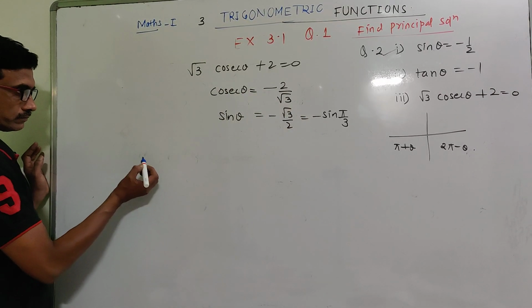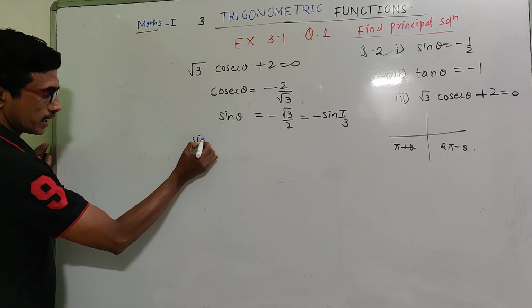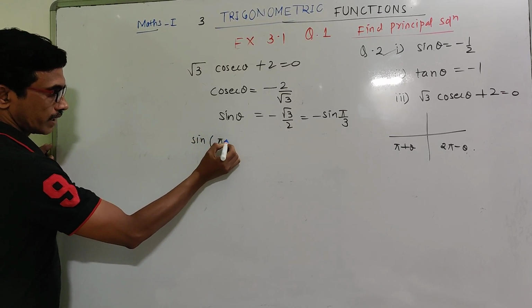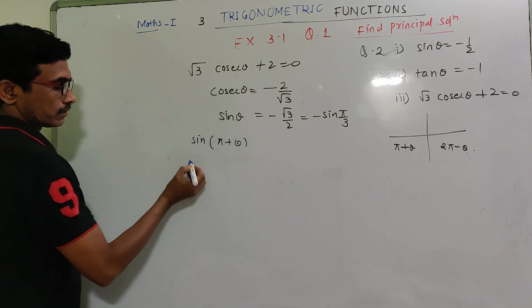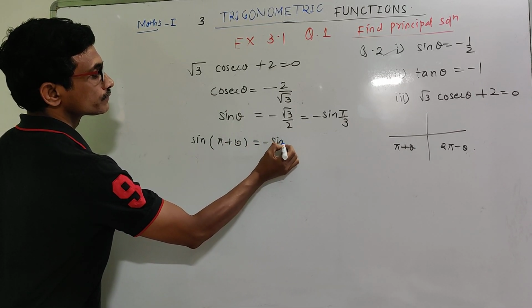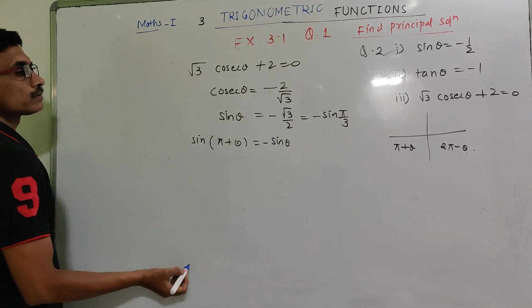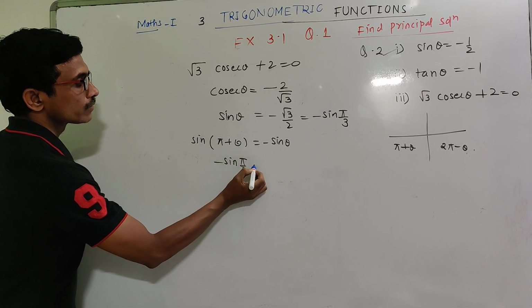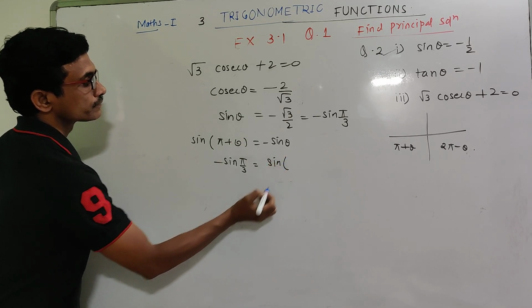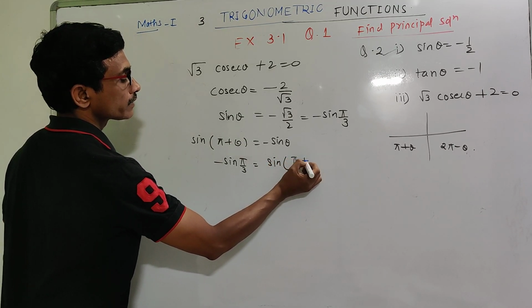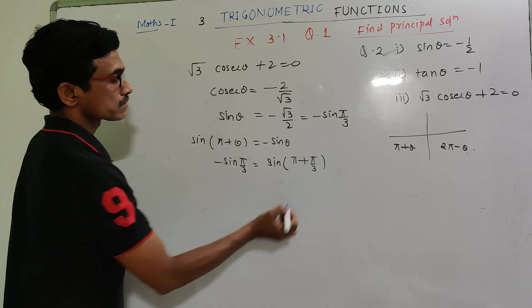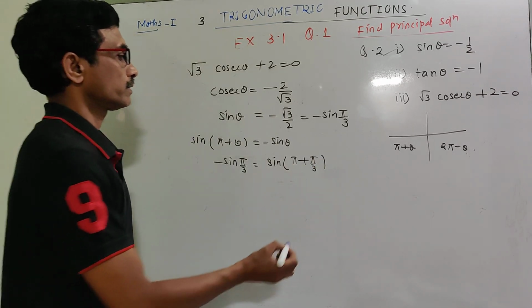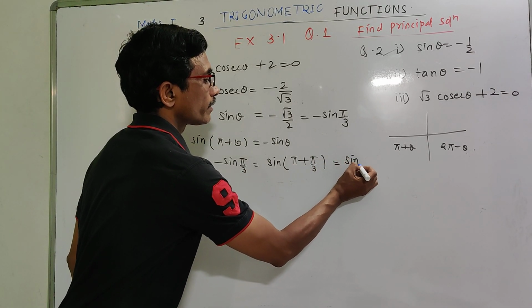Therefore, we know sin pi plus theta is equal to minus sin theta. Therefore, minus sin pi by 3 is equal to sin of pi plus pi by 3 we can write, which is 4 pi by 3, sin of 4 pi by 3.